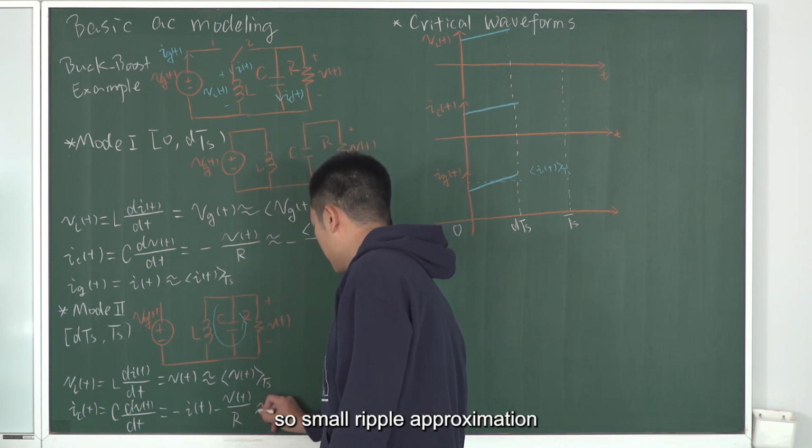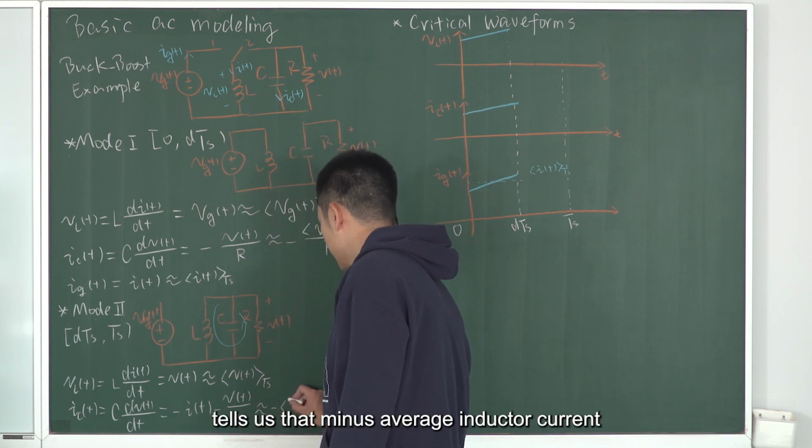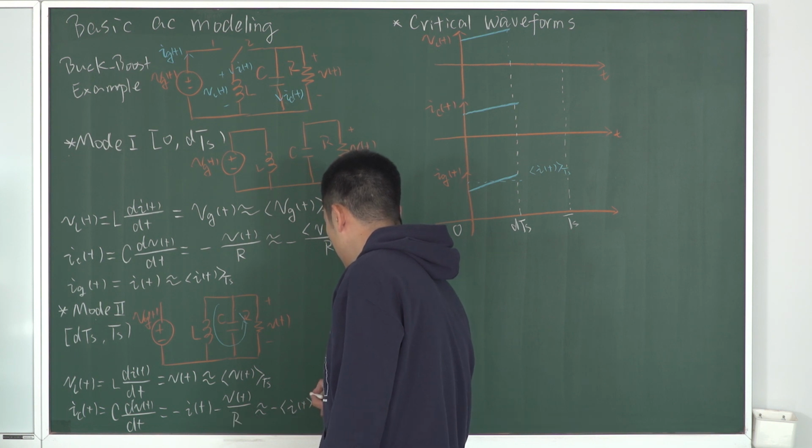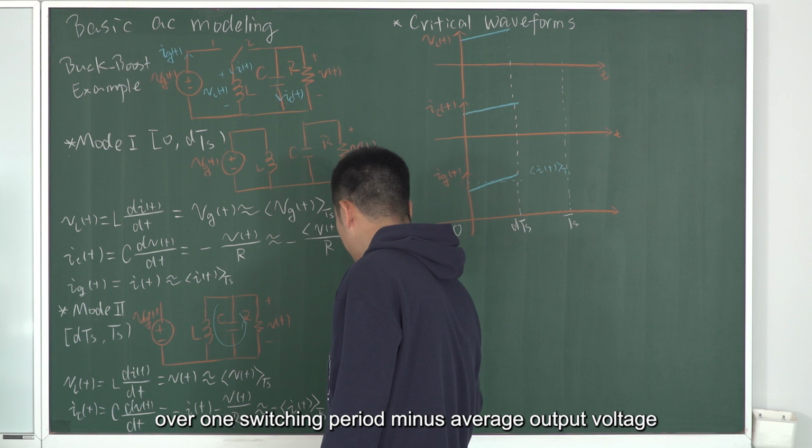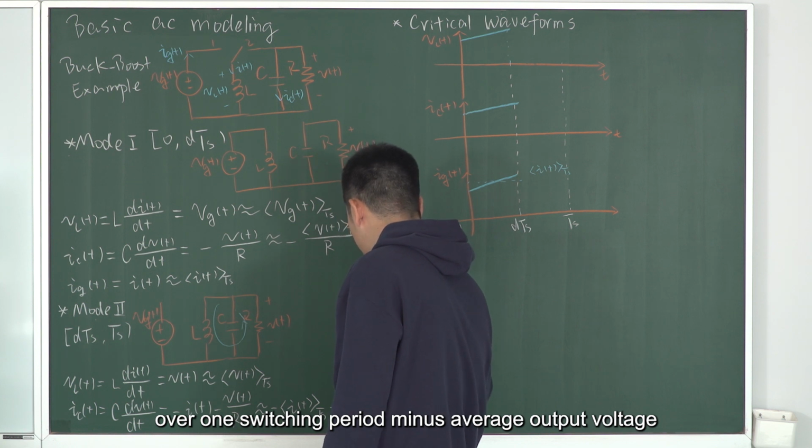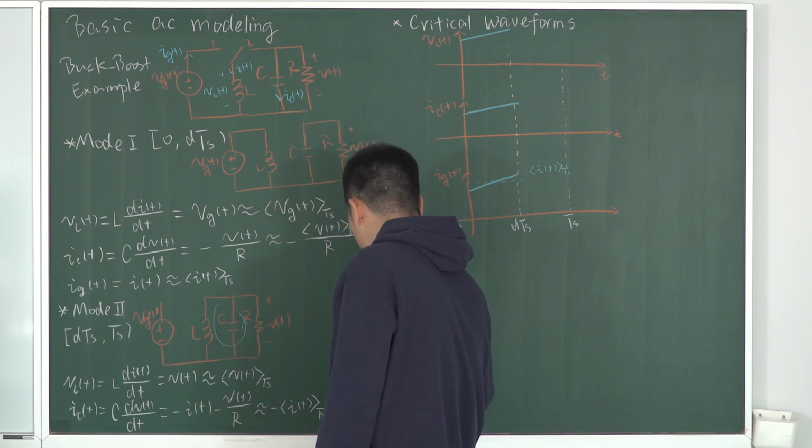So the small ripple approximation tells us that it equals minus the average inductor current over one switching period minus the average output voltage over one switching period divided by R.